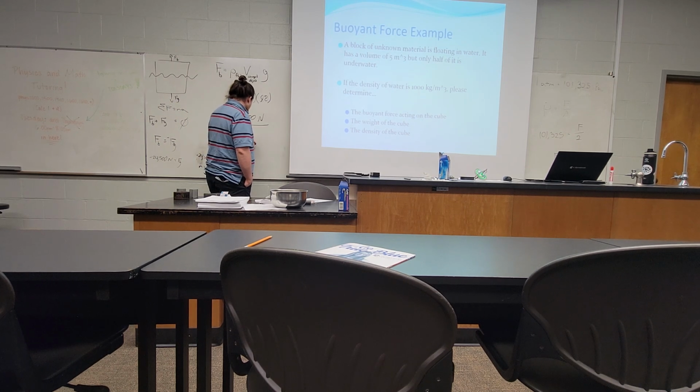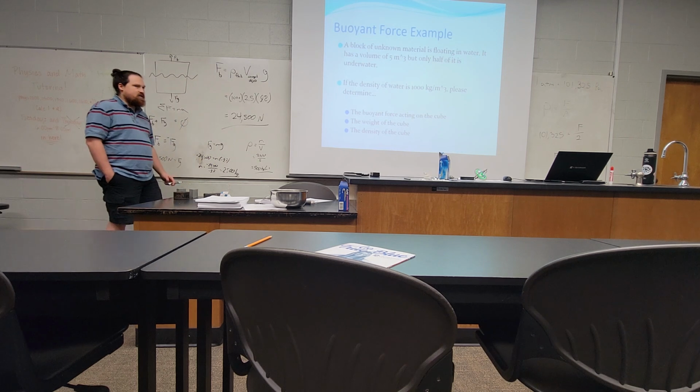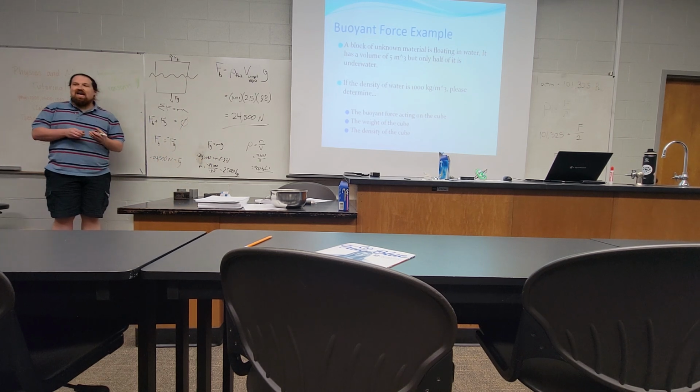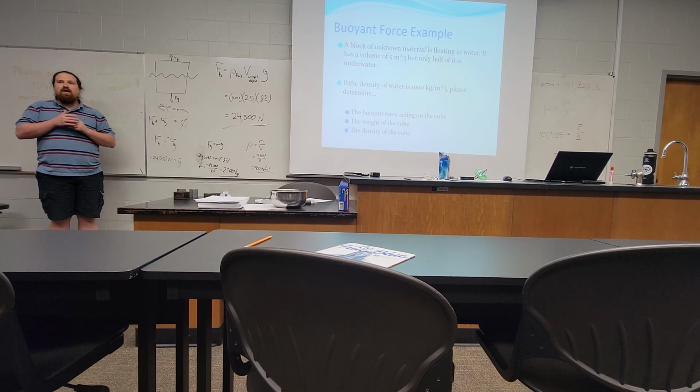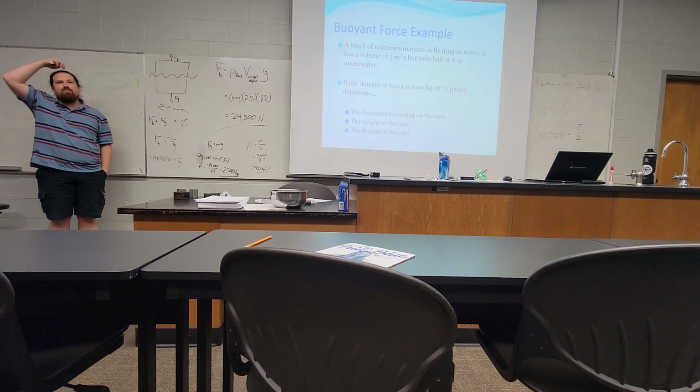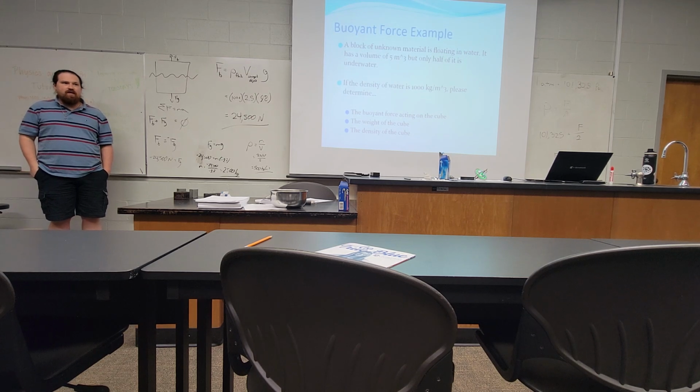So just to illustrate the point, this cube's density is 500 kilograms per meter cubed, which is half the density of water, and that's why half of it is above the water's surface. It only needs to submerge half of itself to equalize buoyant force with its own weight.